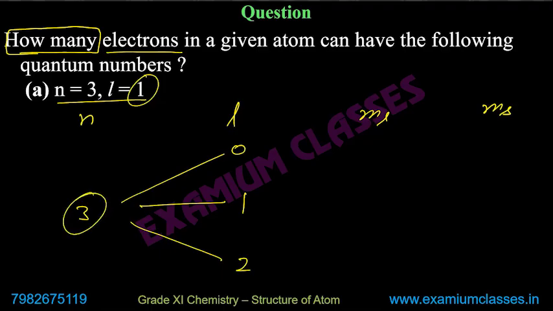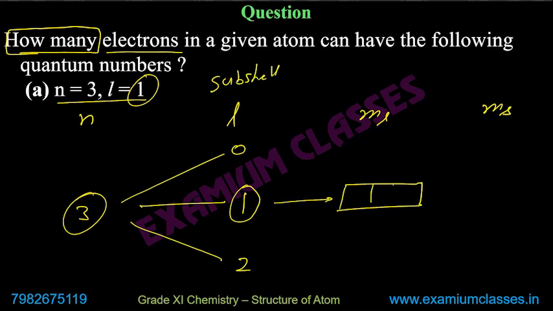So you have to consider for 3, l equals 1 only. And if the subshell is 1, for this ml can be minus 1, 0, plus 1. These three orbitals can have 6 electrons. Each orbital will have 2 electrons, clockwise, anti-clockwise. So 6 electrons they can have.